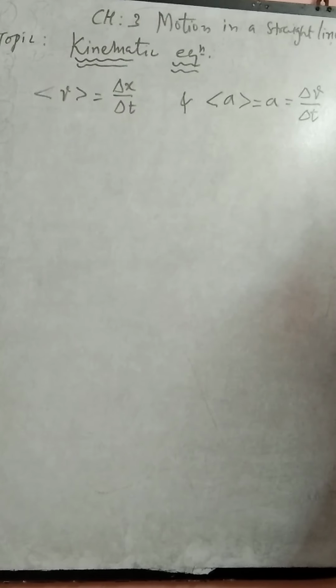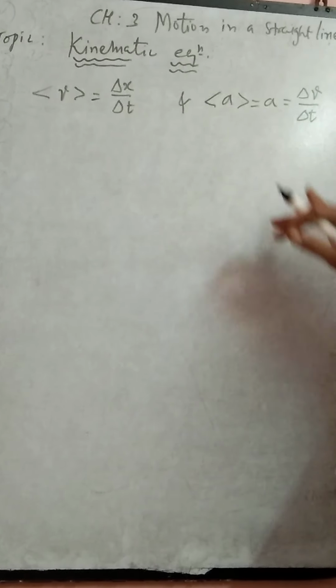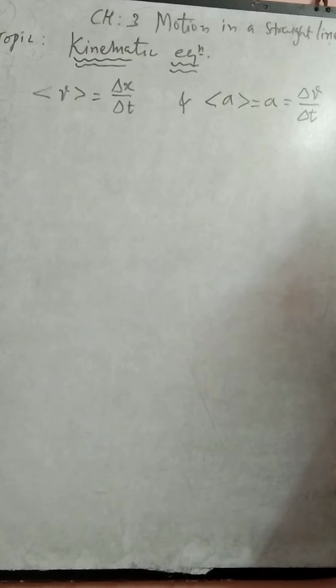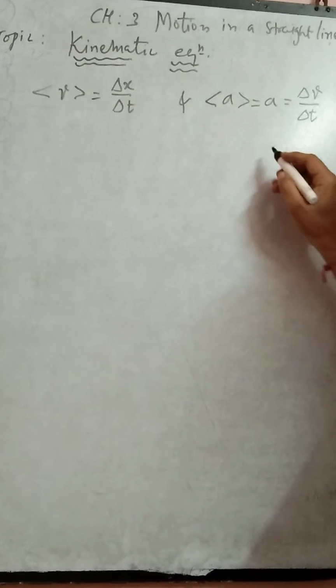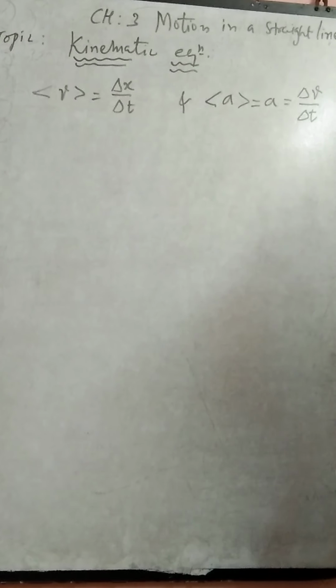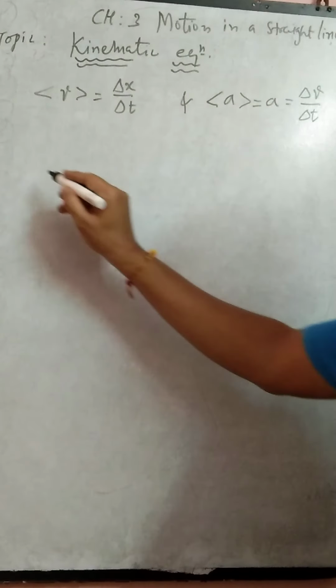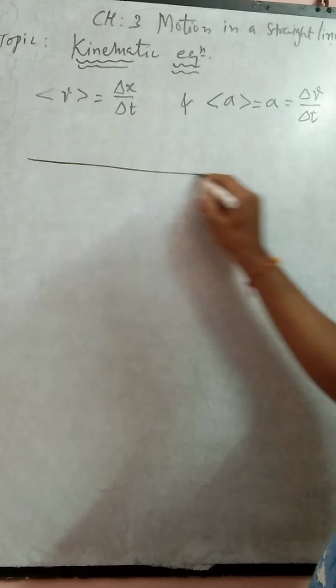So here, using the concept average a is equal to a, that is constant acceleration, delta v by delta t. Now suppose the body is performing motion on a straight path along the x axis.